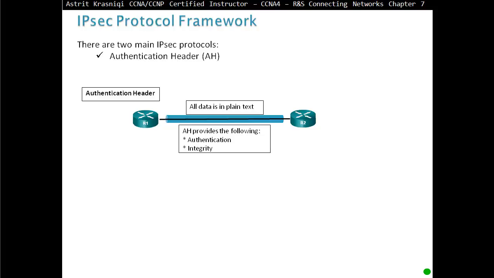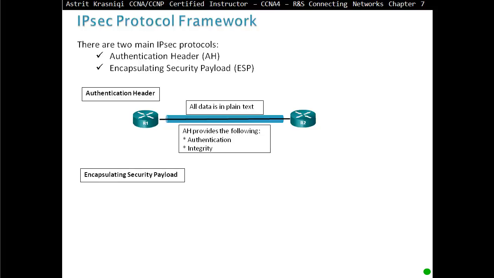When you just want to check that the other side is who they say they are, but you don't care about confidentiality, maybe because this gets used, for example, when we exchange routing protocols. Routing information is widely available on the internet. We don't really care if somebody sees that because it's available anyway. But when we exchange with a neighbor, we just want to make sure the neighbor is there, that's who they say they are, and that it hasn't been tampered with.